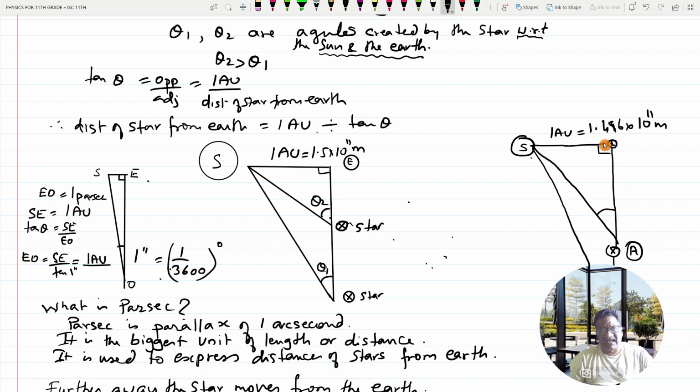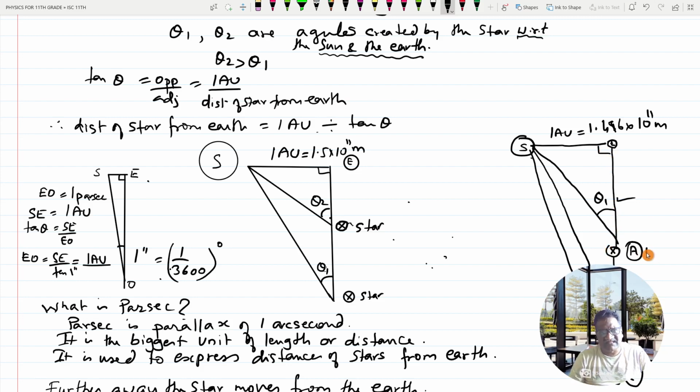So as an object moves away from the earth, these angles, this is theta 1, this is theta 2. And when it moves to the C position, still further away from the earth, this angle will get still reduced, isn't it? Theta 3. These angles, theta 1, theta 2, and theta 3, will go on decreasing as the object moves further away from the earth.